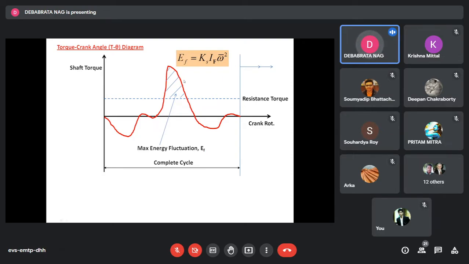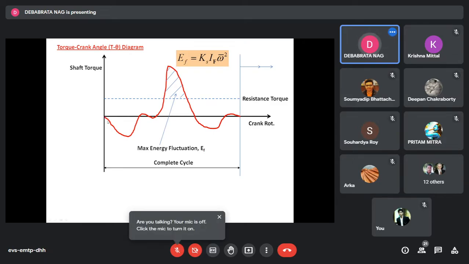So whenever there is a demand supply variation, as seen here, the engine speed fluctuates naturally. Here the engine speed will continuously fall up to this point, and as soon as we cross over this, again the engine speed will accelerate, and again it will fall down to the same level as it started from here.